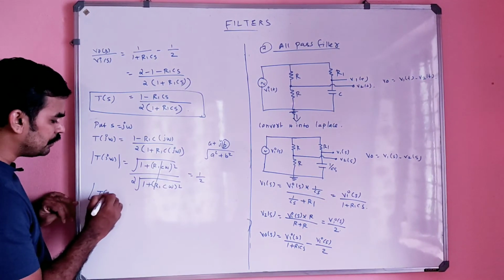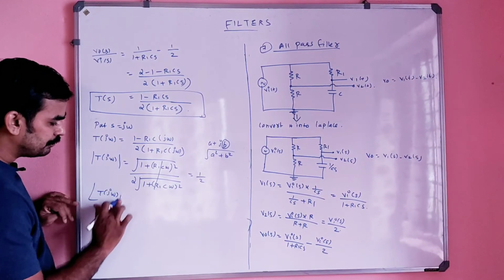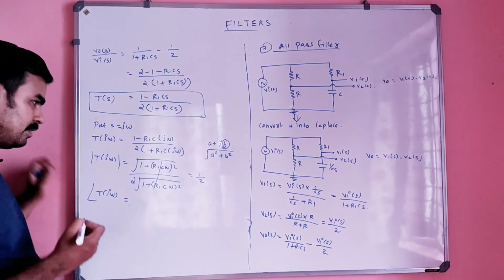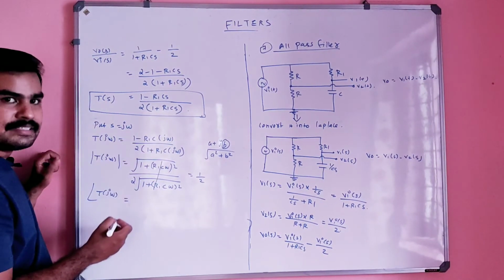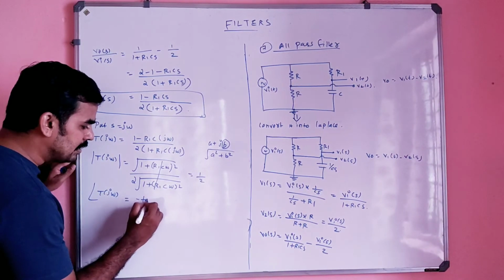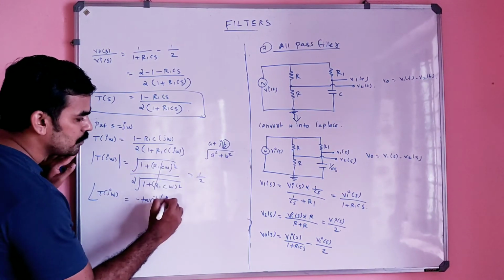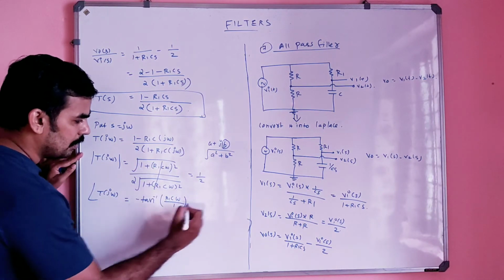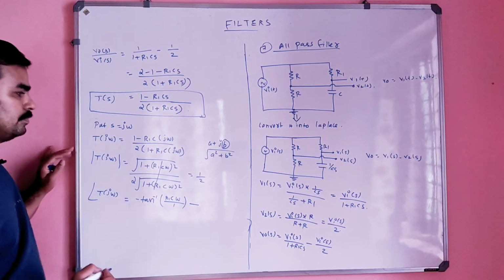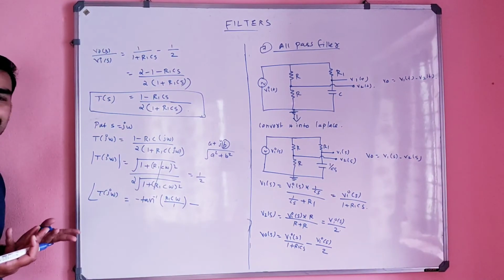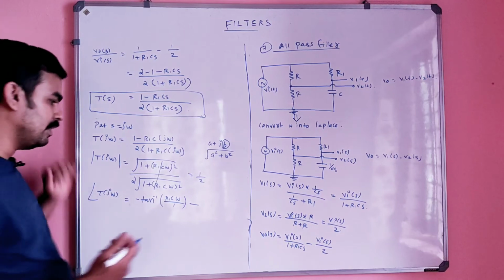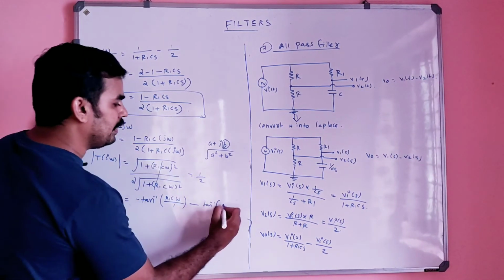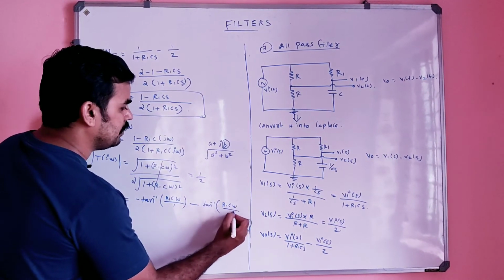What will be the angle of T(j omega)? Angle means numerator angle minus denominator angle. If this is in the form of a minus jb, then the angle is minus tan inverse of R1C omega by 1. The 1 by 2 in the denominator we don't need to consider as far as the angle is concerned. So minus tan inverse, and again in the denominator it is R1C omega by 1.